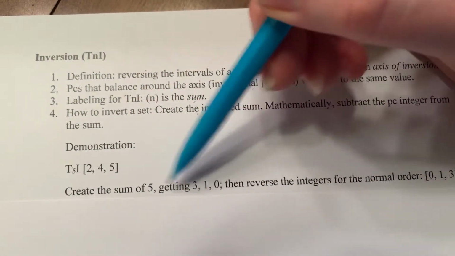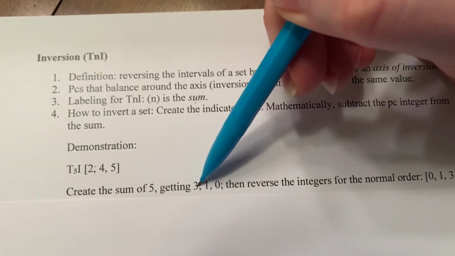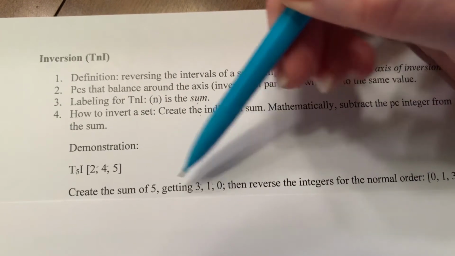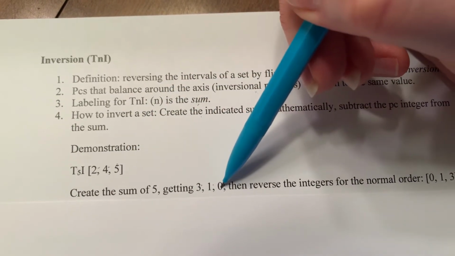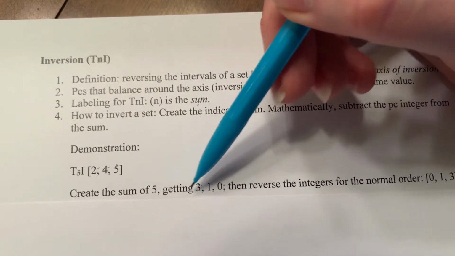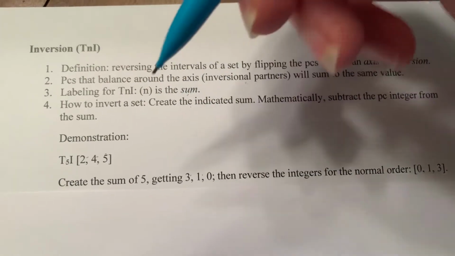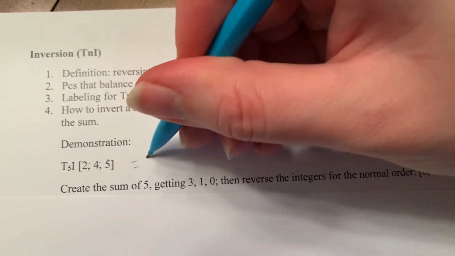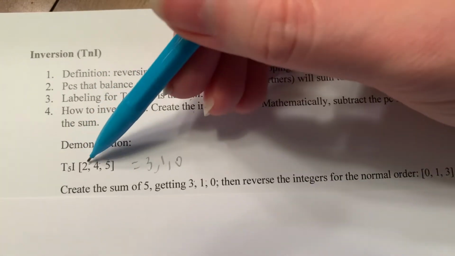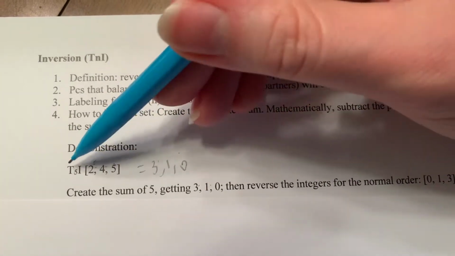So to create the sum of 5, with 2 you would need 3. With 4, you would need 1 to sum to 5. And with 5, 0 to sum to 5. And again, these right now are a new set. So the answers I got here are 3, 1, and 0 to create those sums of 5.